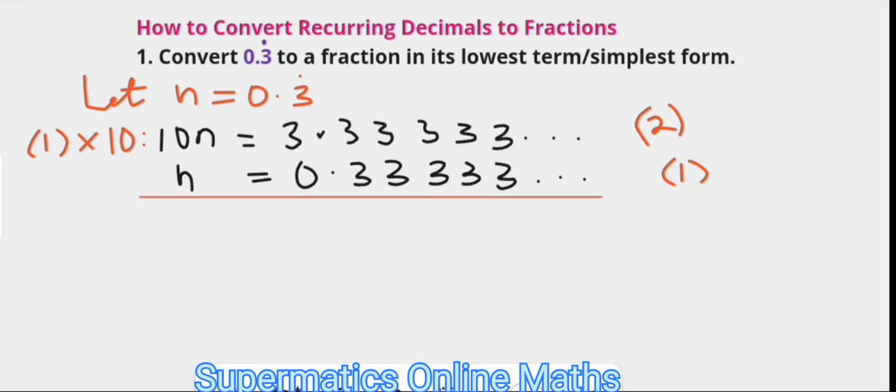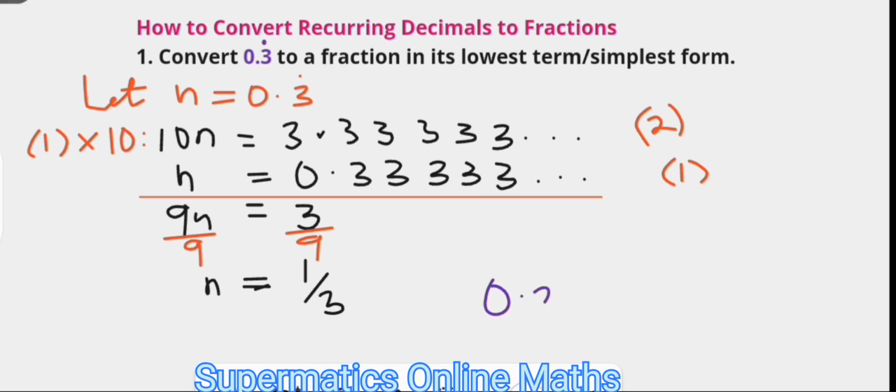And when we subtract, we're going to have 9n on the left side, and on the right hand side, it is going to be 3, as all the other 3's after the decimal points cancel out. Then we divide both sides by 9, where n is 1/3 in its lowest term. Therefore, 0.3 with the 3 recurring is 1/3.